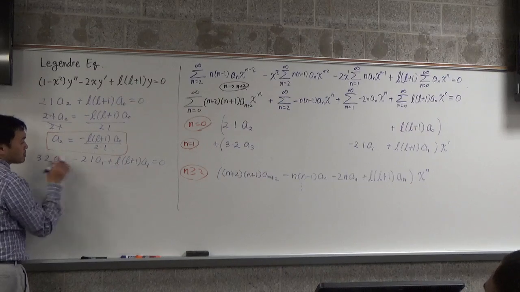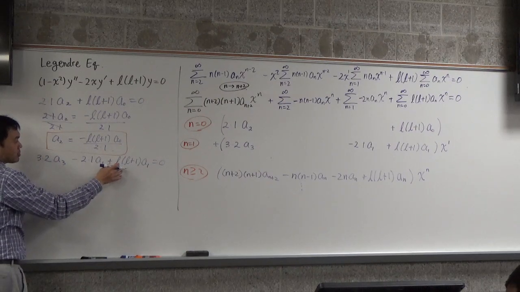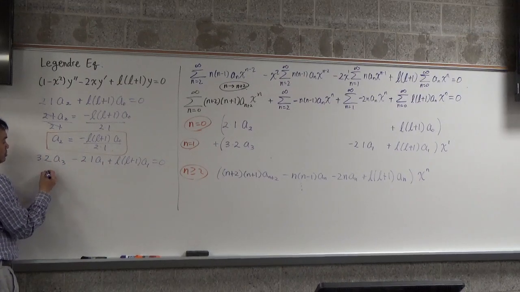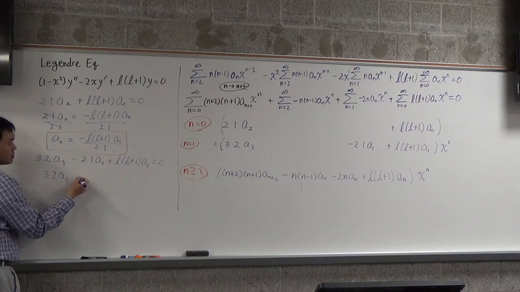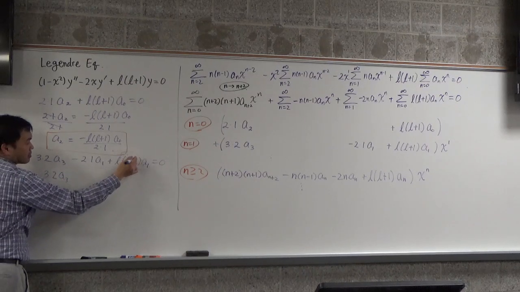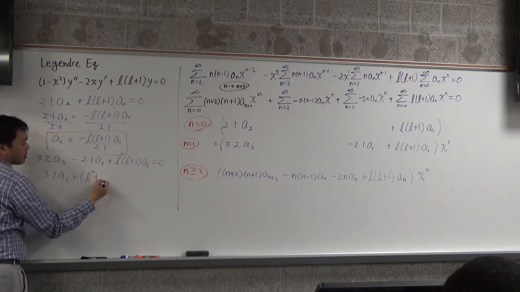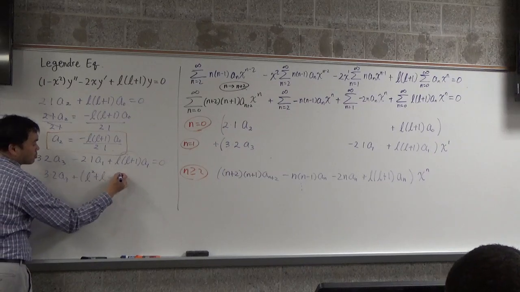So for this one, I'm going to do a little trick. I'm going to factor this. So the way I'm going to do this is still writing 3 times 2 a3. This is l squared plus l, right? So you get l squared plus l, and then this is 2, so you subtract 2.